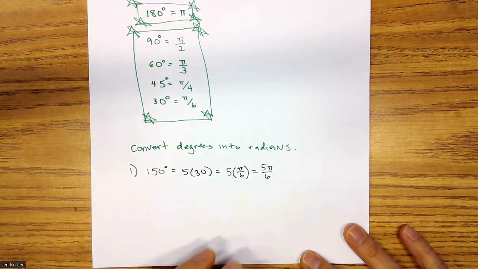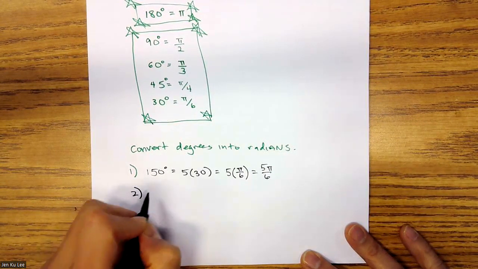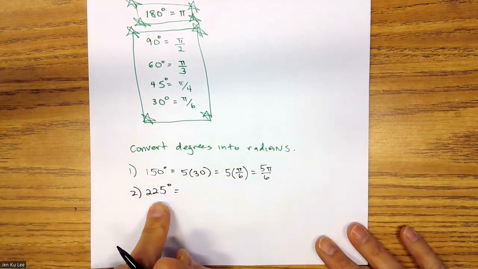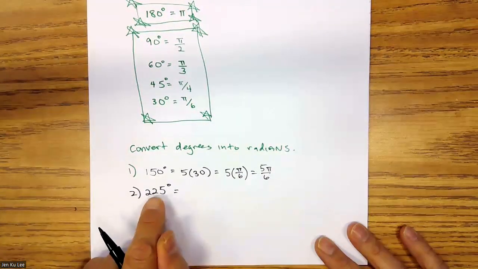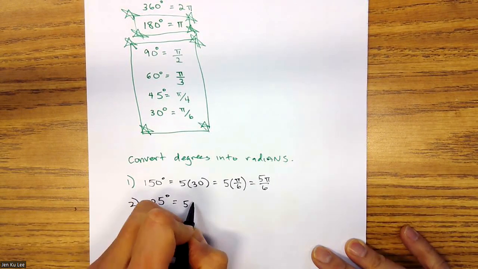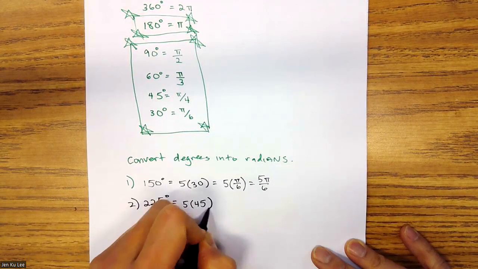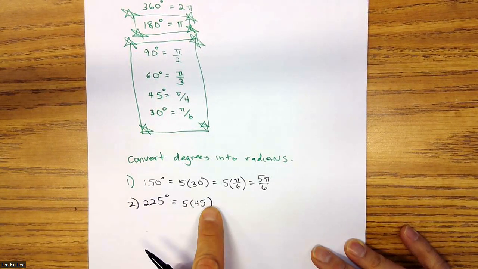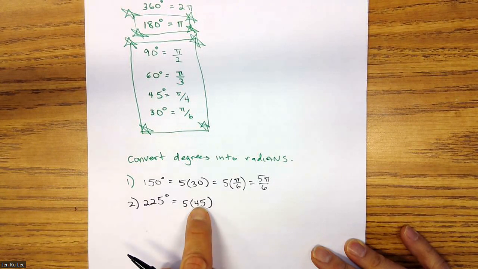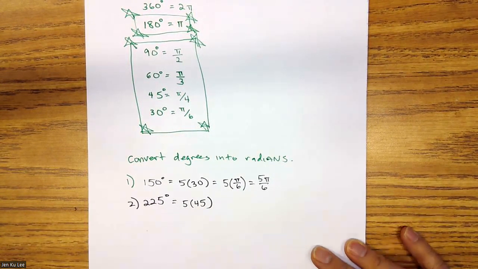Okay? Let's try another one. 225 degrees is going to be 5 times 45, right? 5 times 5 is 25, 5 times 4 is 20, plus 2 is 225.